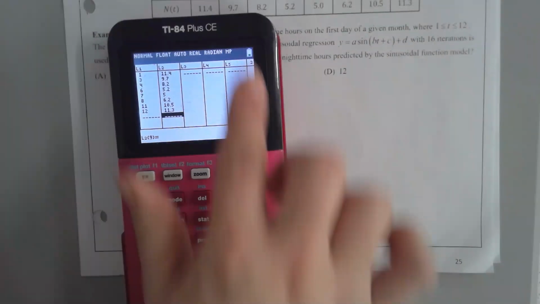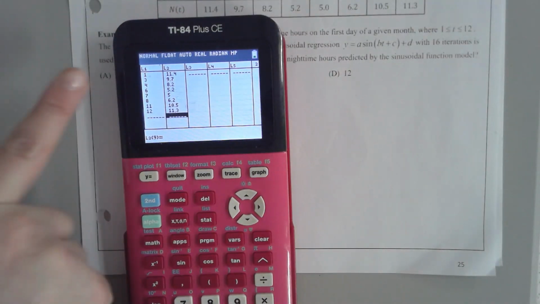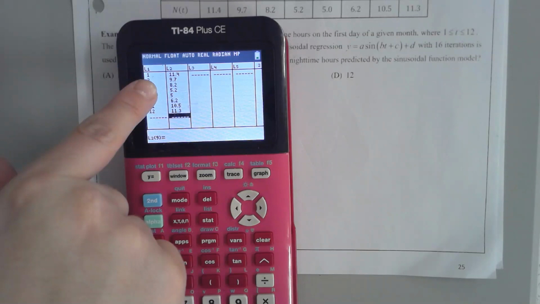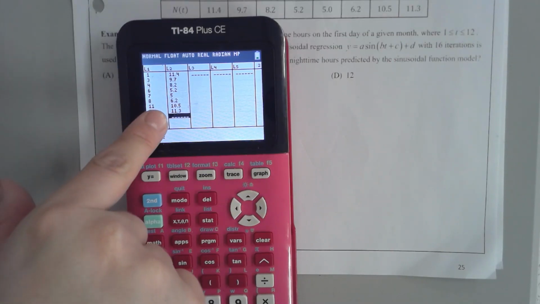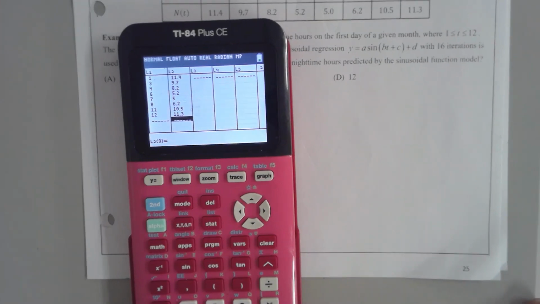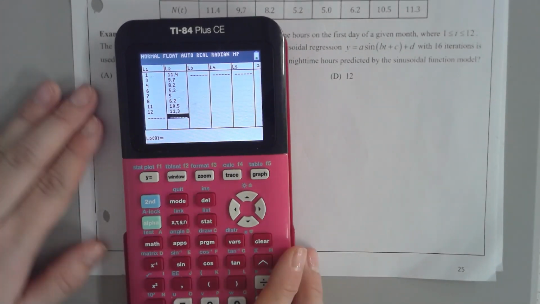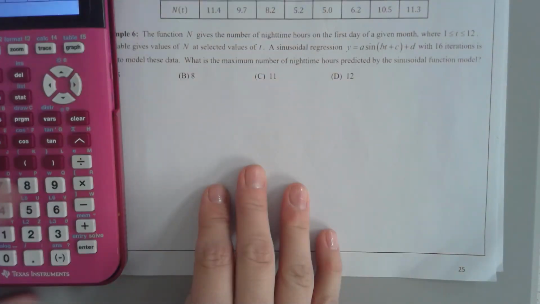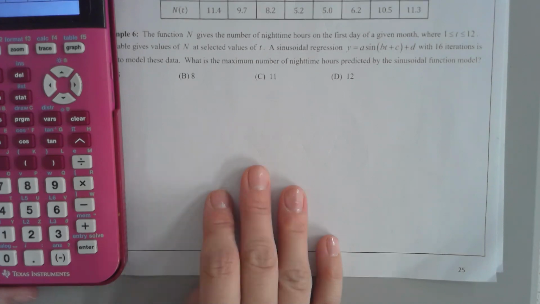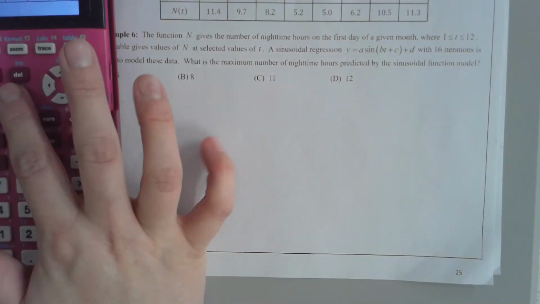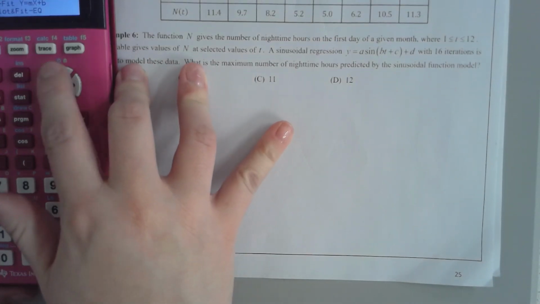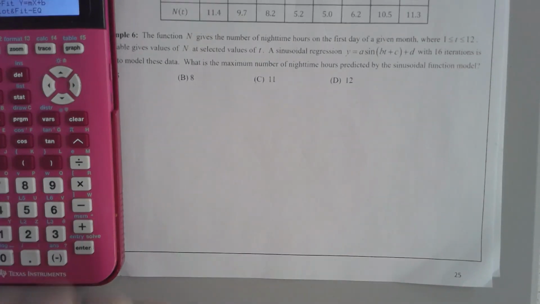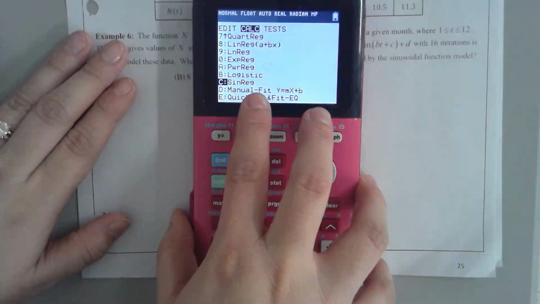Always go back and read over your numbers and make sure, because if you type one number in wrong, it could really mess things up. Then go over to Calc, and sine regression.